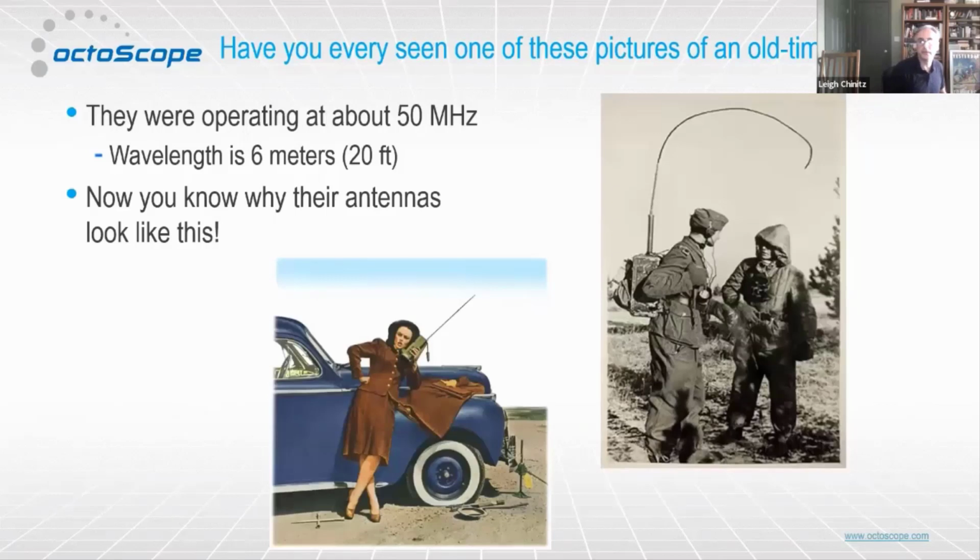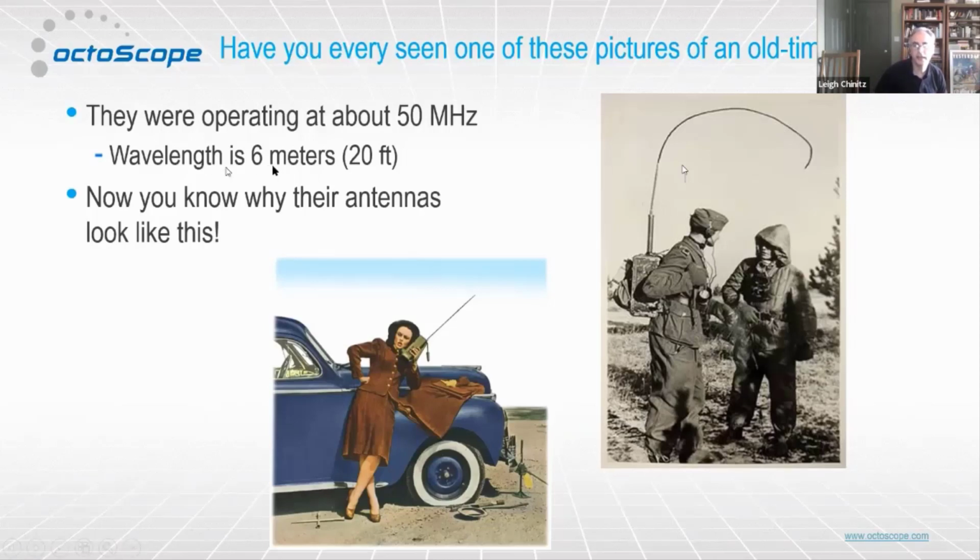So, for example, if anyone's ever seen pictures like this, from the 1940s, of various communication devices, like military radios here on the right, you always see these guys walking around with radios and these just crazy long antennas. The reason for that is that back in the day, people were operating at about 50 megahertz.